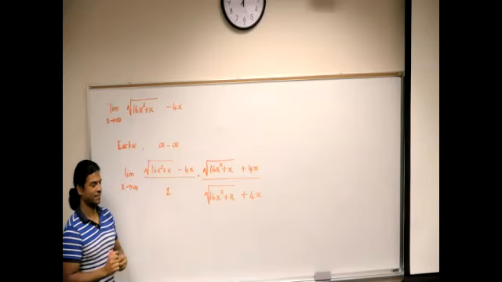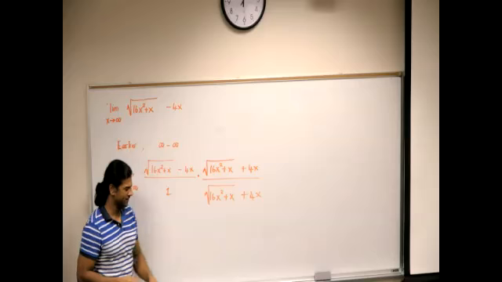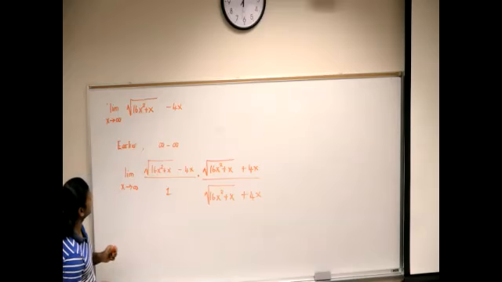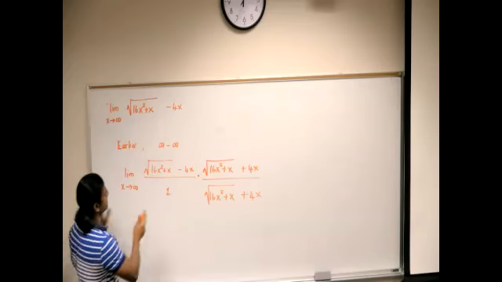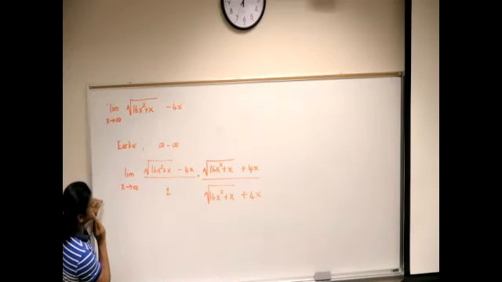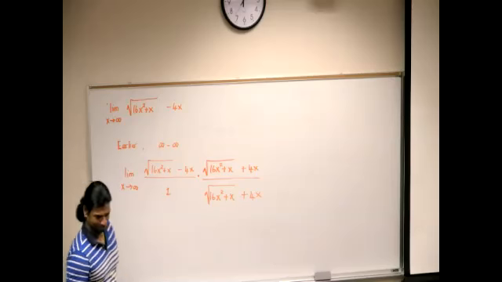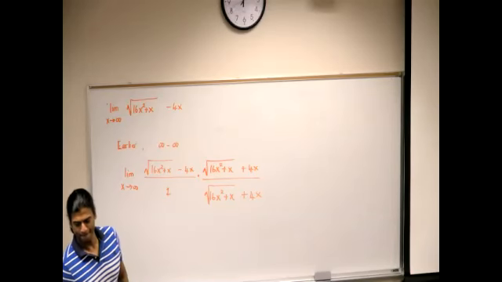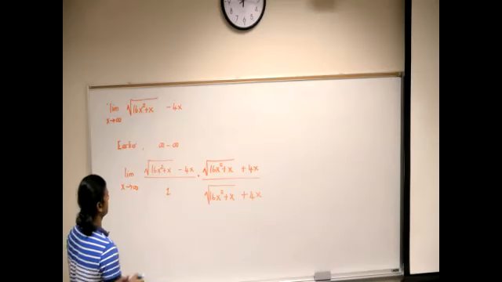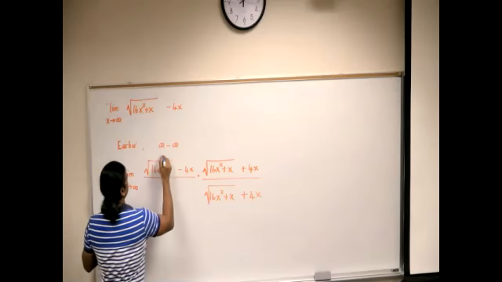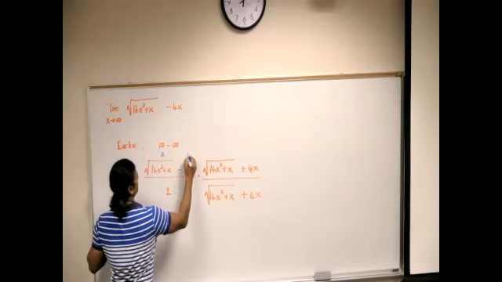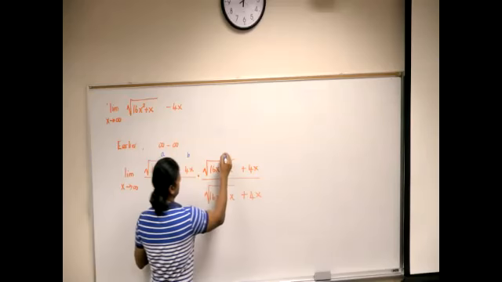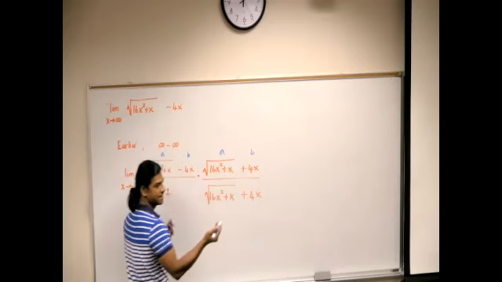Right. Yeah. The conjugate of this term is that term. So go ahead and multiply those two and tell me what you get. So a minus b times a plus b, that is an identity.